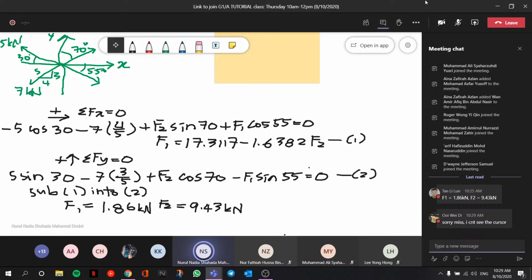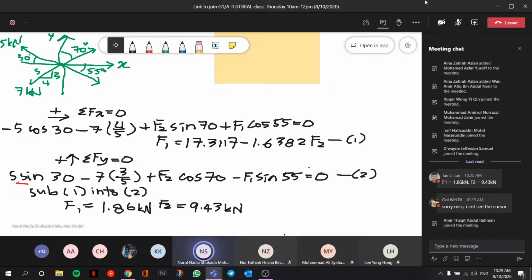Then you minus 7 times 3 over 5, and then plus F2 cos 70, and minus F1 sin 55, and equal to 0. So this is the second equation.